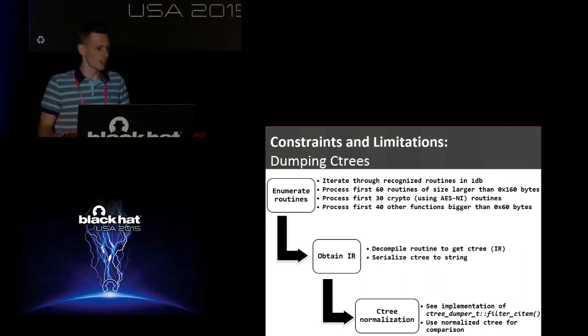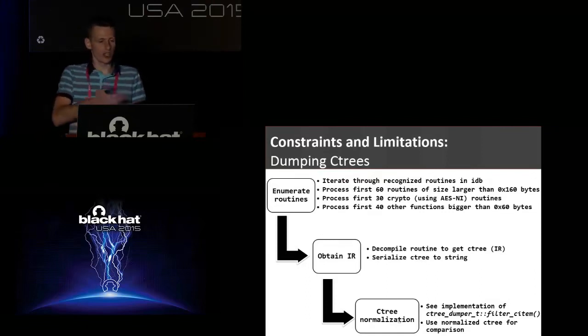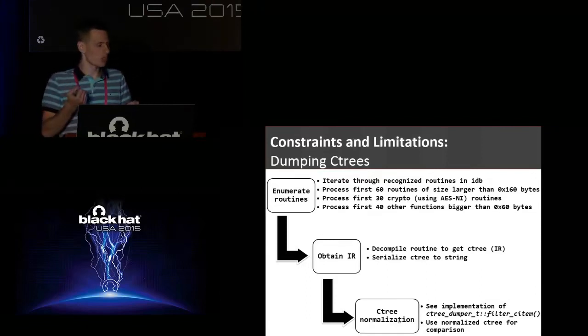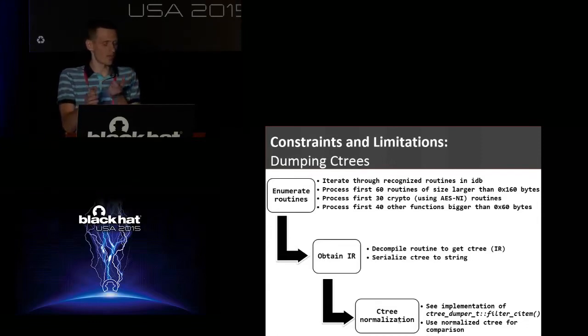Normalization is actually removing all the information which can introduce noise in the ctrees, in the intermediate representation, and basically only considers the structure of the ctree. Then we can do cross-correlation to see if functions are different in some way but generally their control flow is the same. We will end up getting the same normalized ctrees.